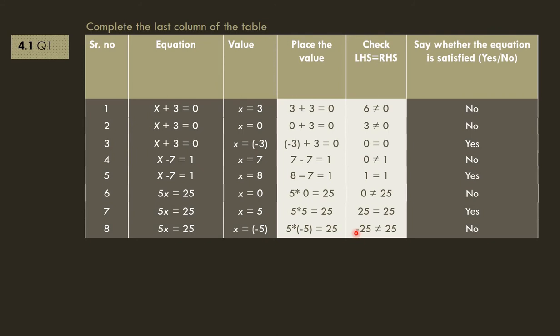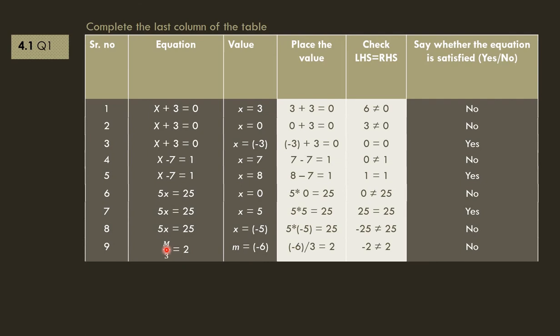That's why 5 into minus 5 is minus 25. But you can check the right hand side is 25. Though the numbers are the same, the signs are different. That's why you can't say that those are equal. Hence the LHS is minus 25 and RHS is 25. They are not equal. That's why I'm going to write no in the last column.